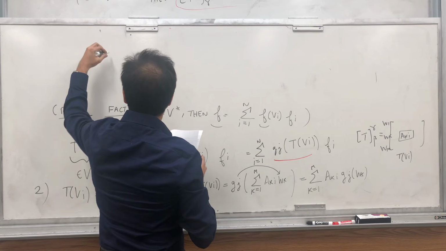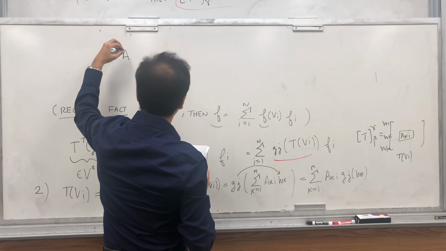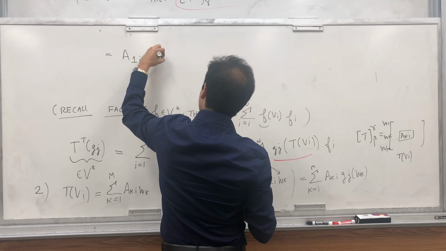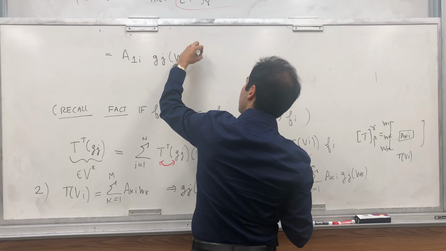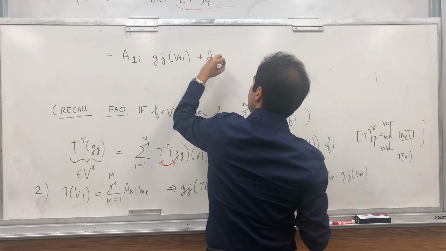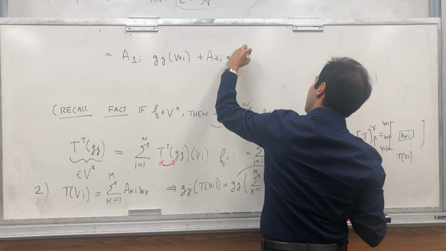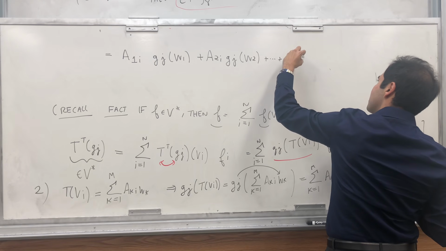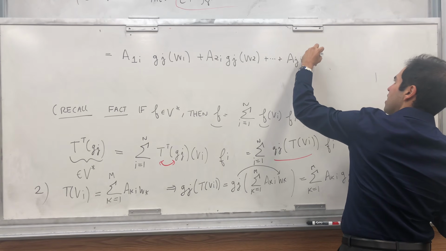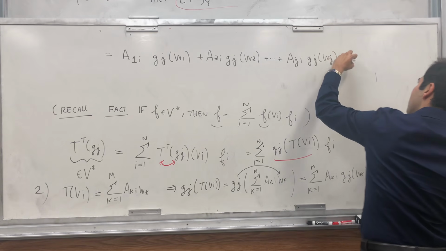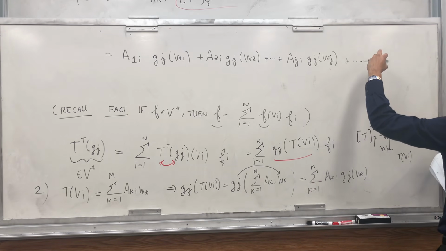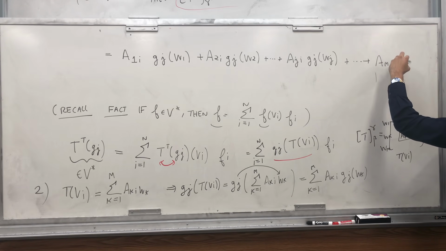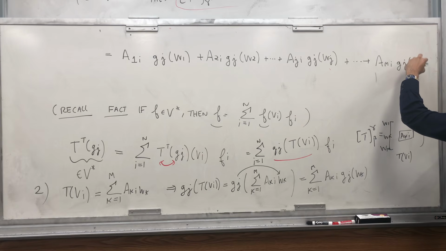That is A_1i Gj of W1 plus A_2i Gj of W2 plus blah blah blah plus A_ji Gj of Wj plus dot dot dot plus, in this case, A_mi, mon ami, Gj of Wm.